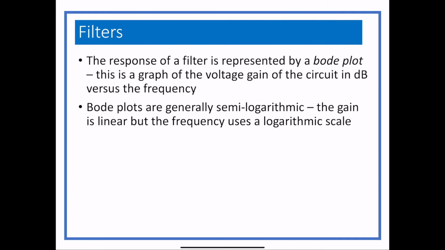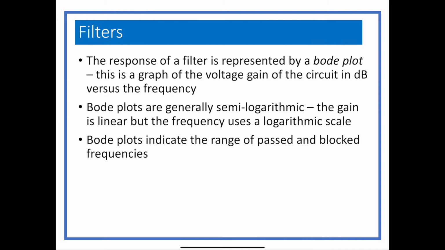If you didn't put it on a logarithmic scale, you would lose all the detail in the lower end. So generally these plots are semi-logarithmic, and the voltage gain is usually represented in dB, because that makes it easier to find the corner or cutoff frequencies.